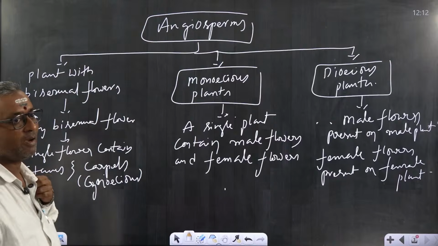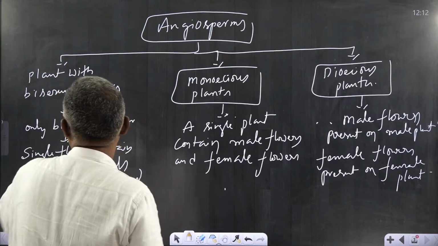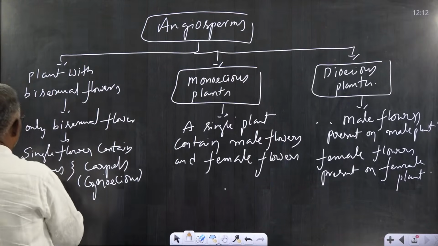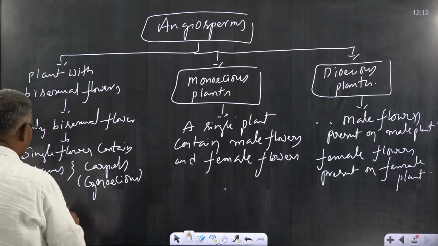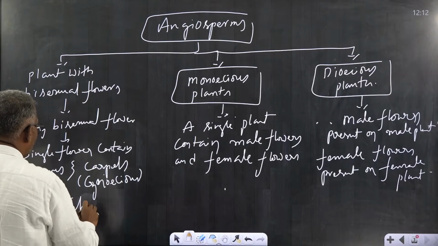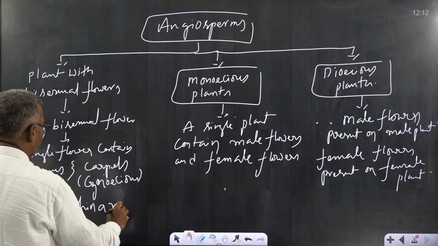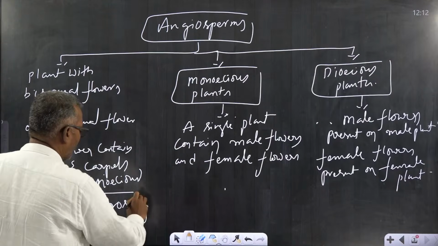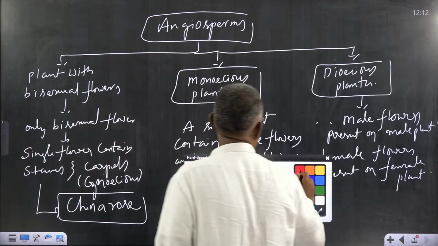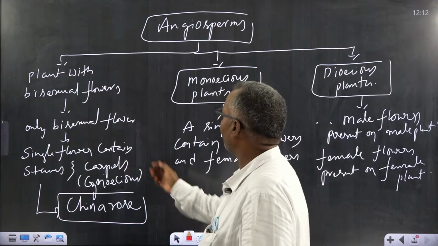I will give you some examples to remember these. For a plant with bisexual flowers, take the example of China rose. Have you seen the China rose? China rose is the best example for it.